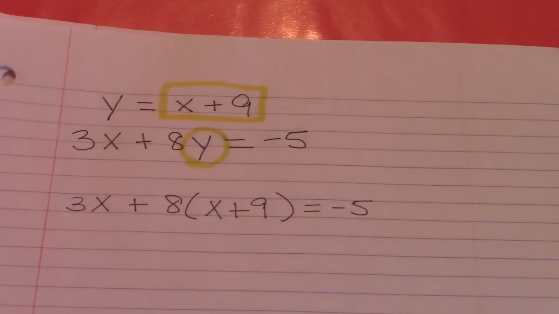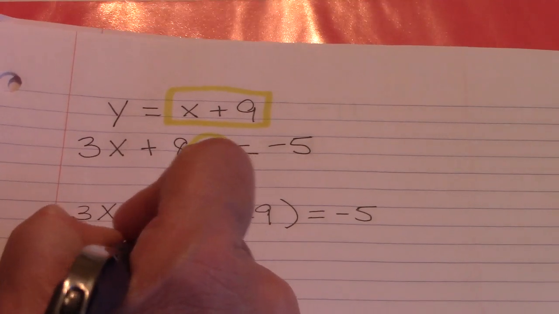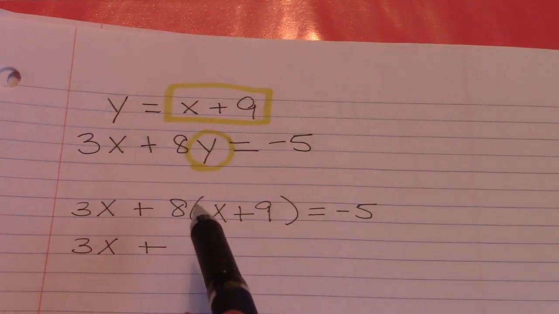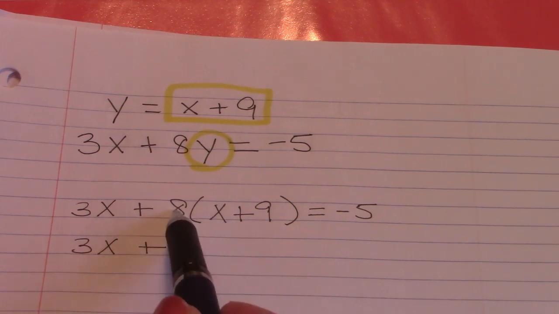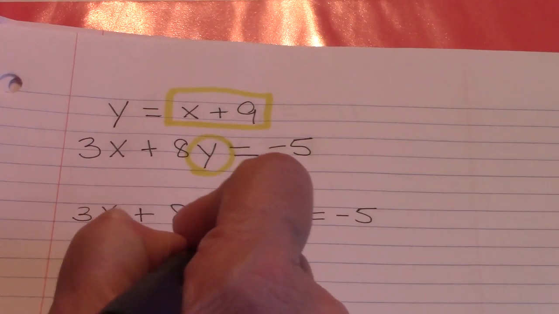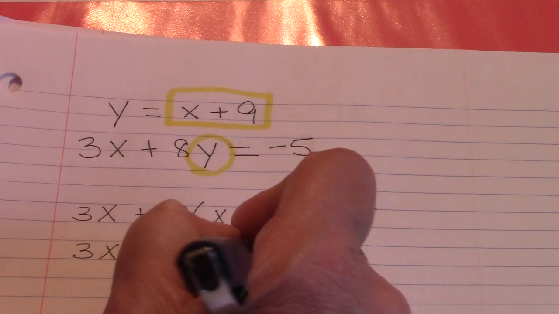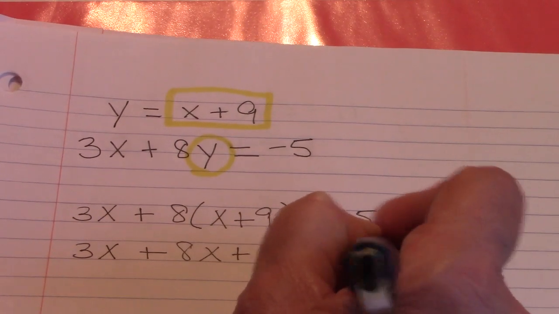Now I will solve. 3x plus, I will distribute 8 times x, then 8 times 9. 8x plus 72 equals a negative 5.